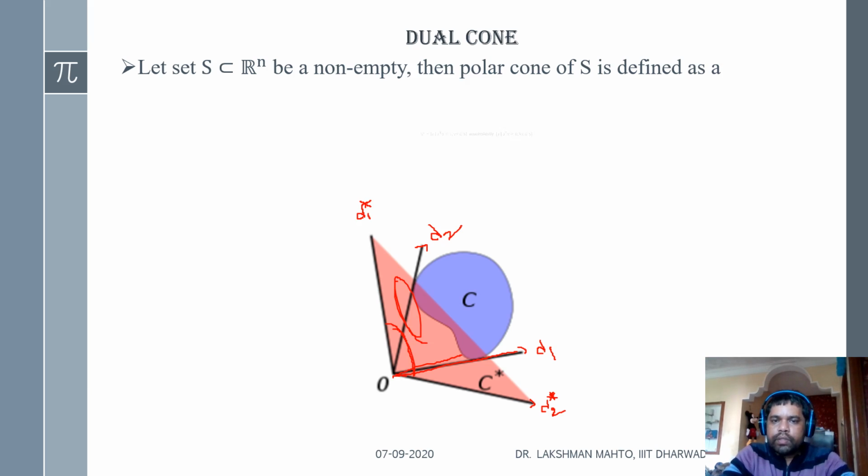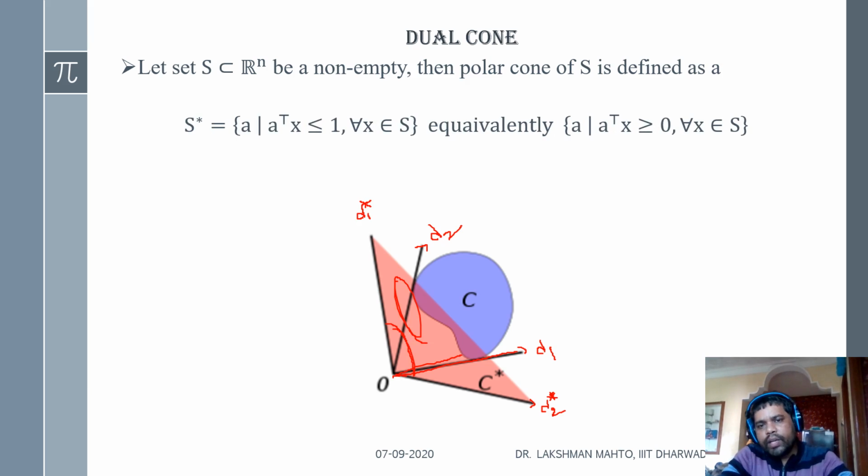Now shade the complete region. This is the dual cone of C. So we can observe that C is a subset of its dual cone C star. It plays a very important role in finding the region in which the KKT condition is satisfied.